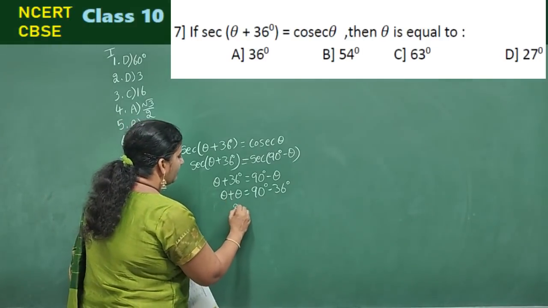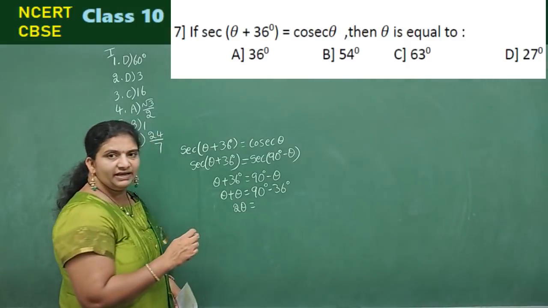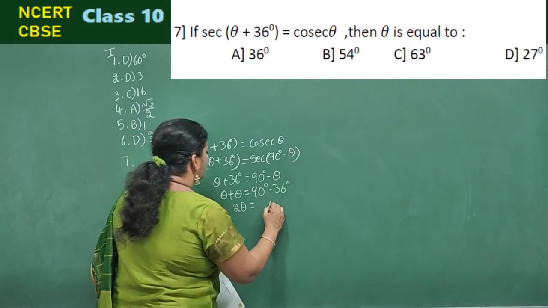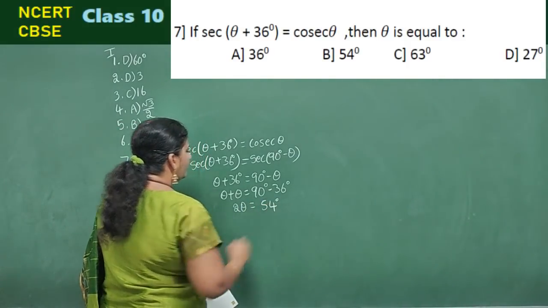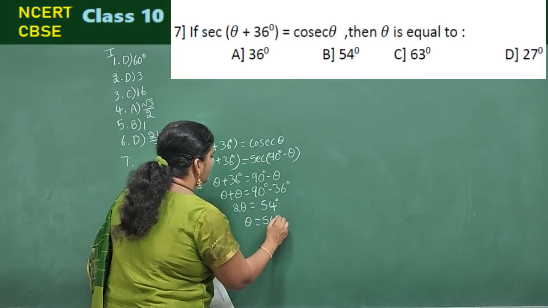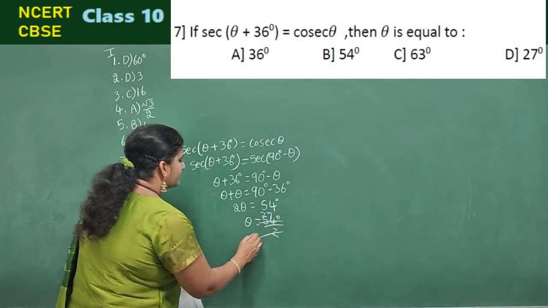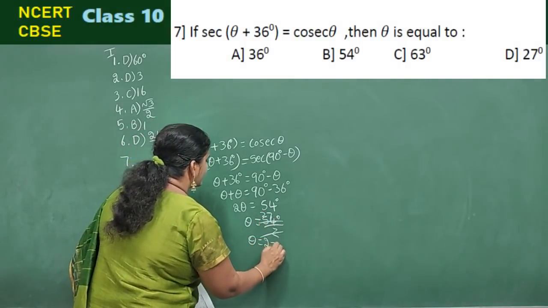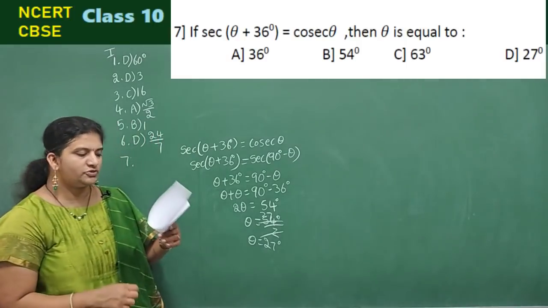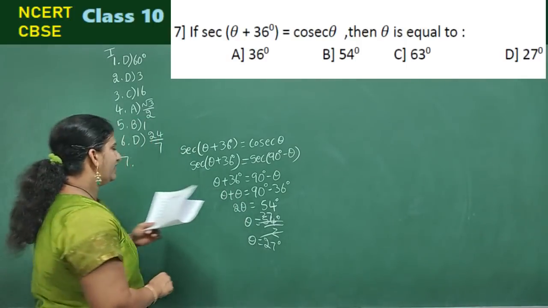Theta plus theta will be 2 theta is equal to, what is 90 degrees minus 36? It will be 54 degrees. Send this 2 to the other side. Divide by 2. 2 27s are 54. Therefore, theta value is 27 degrees. Check your option here. Which is your right option? Option D, 27 degrees.